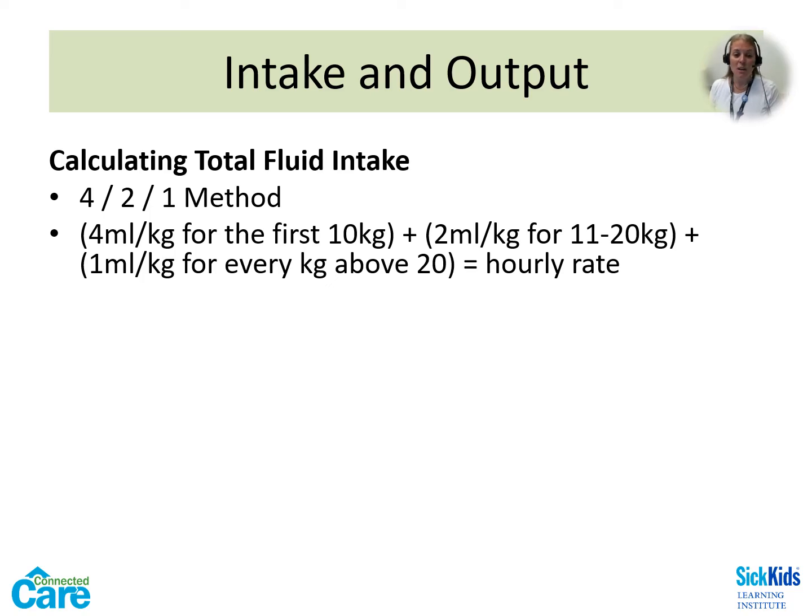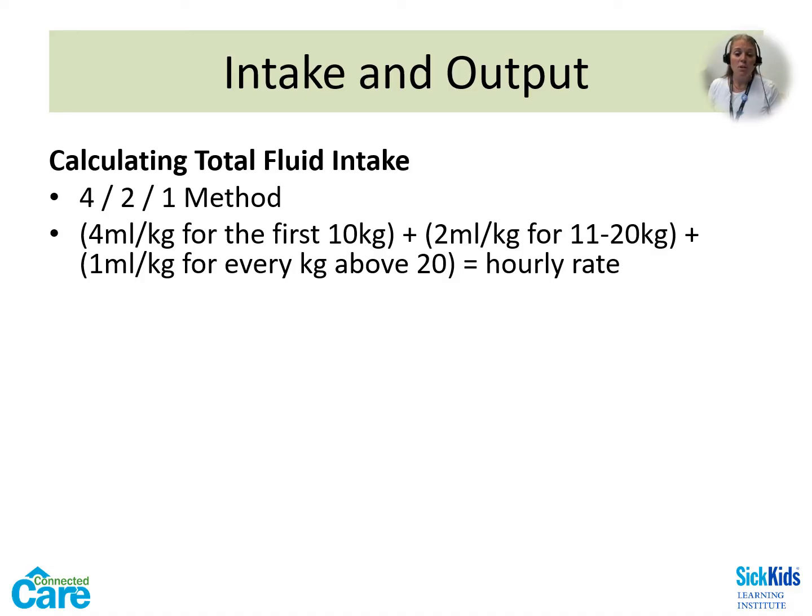At home, you may not be weighing diapers or measuring the total volume of each void, but you can monitor output by assessing if there are fewer wet diapers than usual, or if you're finding that there is increased output. Or are there other signs of dehydration, such as dry mucous membranes, or a change in the color of urine, or anything that seems out of the ordinary?